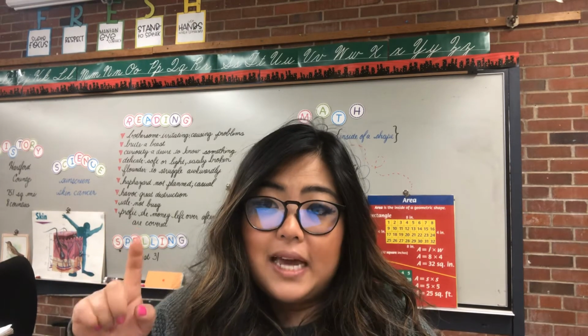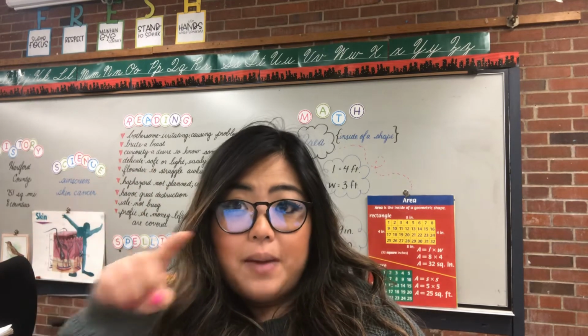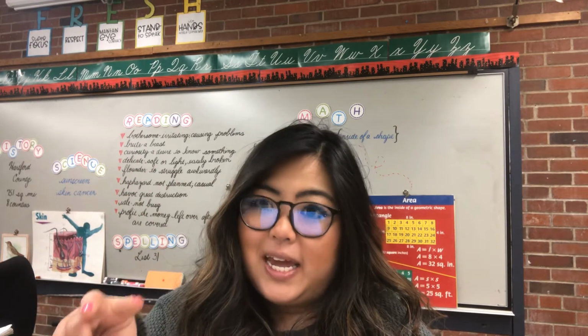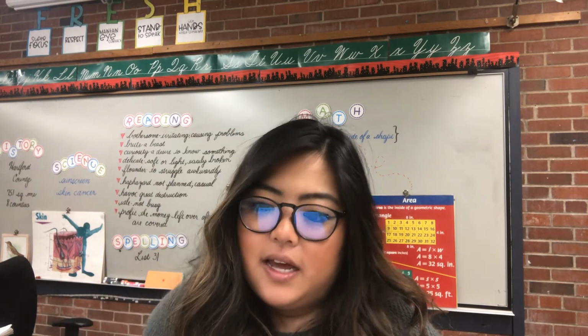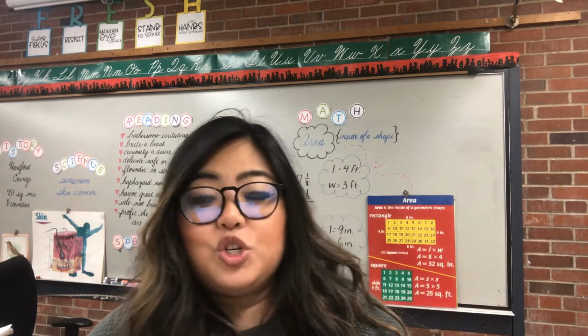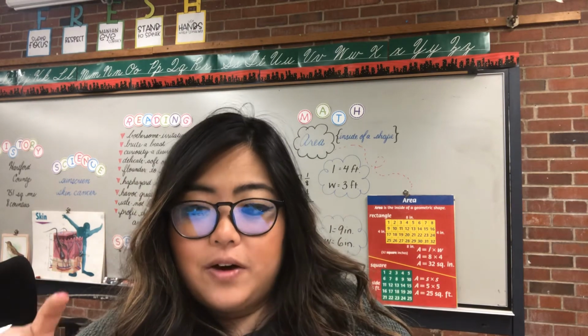Now remember, the difference between a parallelogram and a rhombus is that in a rhombus every side is the same length, so it's like a square on its side. And a parallelogram has two sides that are equal, so it's like a rectangle on its side. E is a circle, F is a rectangle, G is a trapezoid, and H is a right angle. Not just an angle, but a right angle.